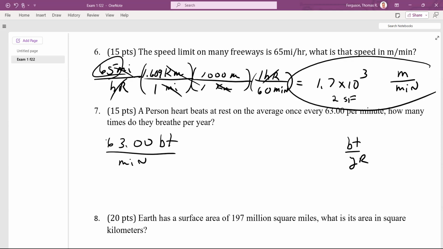That means for the rest of the question, the last part of the question, oh, beats, typo. Yeah. We'll just make this, okay, so fraction. The beats are already on the top, so we don't have to do anything with the beats. That's already done for us. We have to just do the time conversion. We have to end up with years on the bottom.